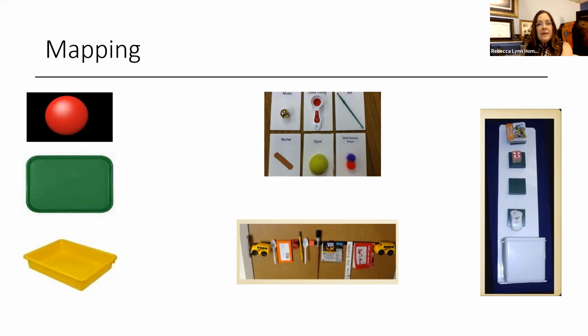So here on our first page, we see that we have just single objects. And so we have a ball that might represent PE, the gym, we have a lunch tray that will represent the cafeteria, and maybe this yellow bin that we find on the secretary's desk when we're taking the attendance up for the day.